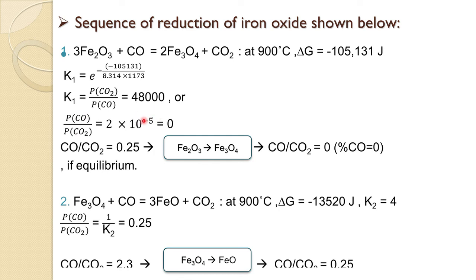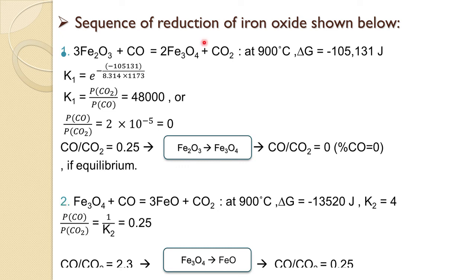So, very low that ratio, which means really very small amount of CO would be able to reduce the hematite, and this is almost negligible amount. So, only a little CO can reduce hematite into magnetite when it is in equilibrium.